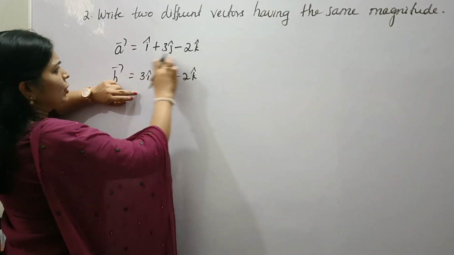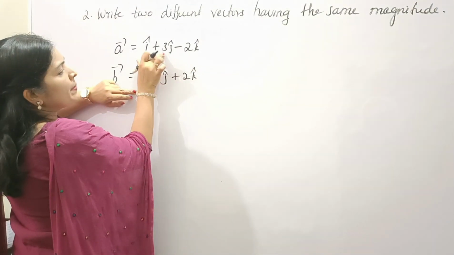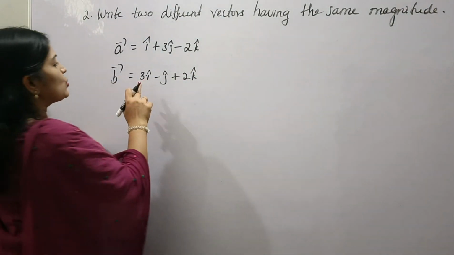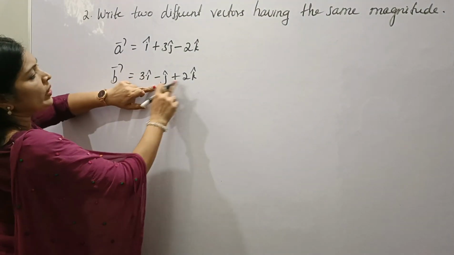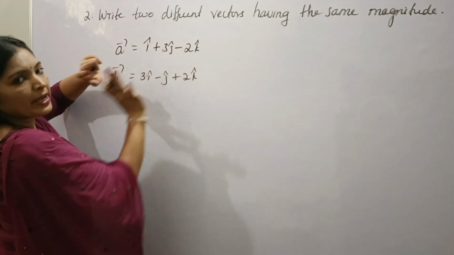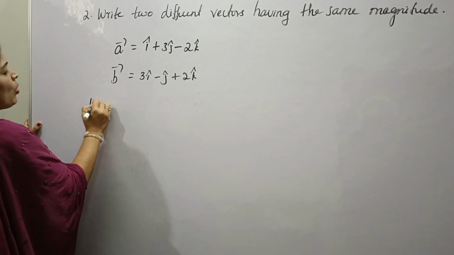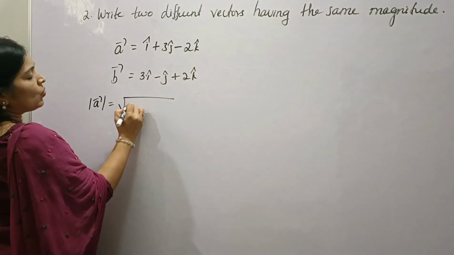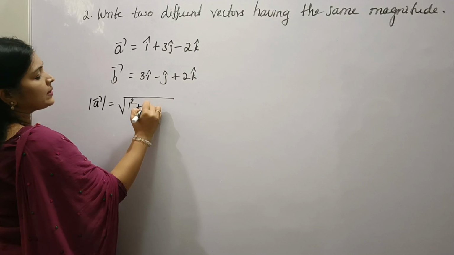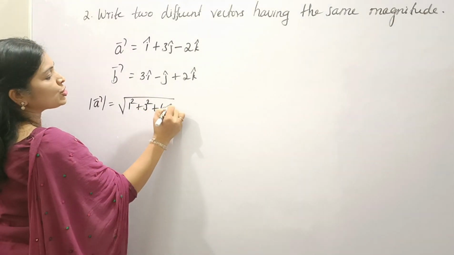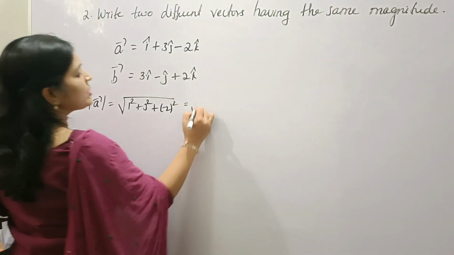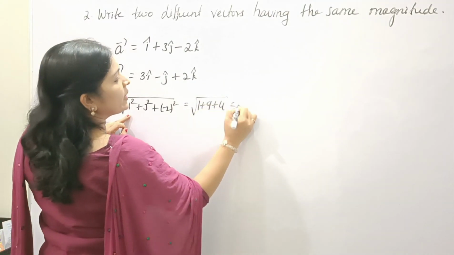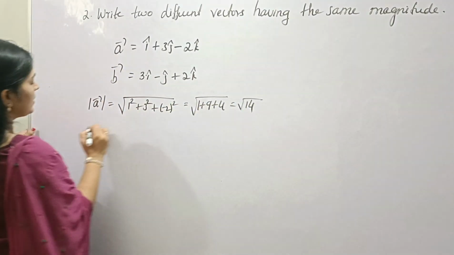So here you just remember, take these numbers, that is coefficients, and just change the position of the coefficients. So here 3, minus 1, 2, and 1, 3, minus 2. Okay, let's check. Modulus of vector A is equal to square root of 1 square plus 3 square plus minus 2 square, that is square root of 1 plus 9 plus 4, that is square root of 14.